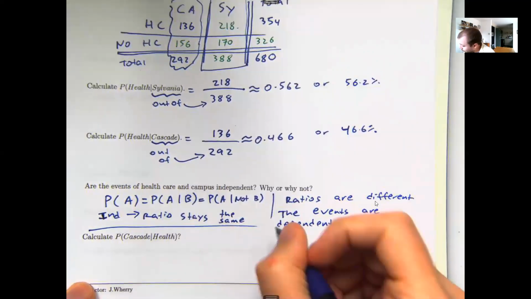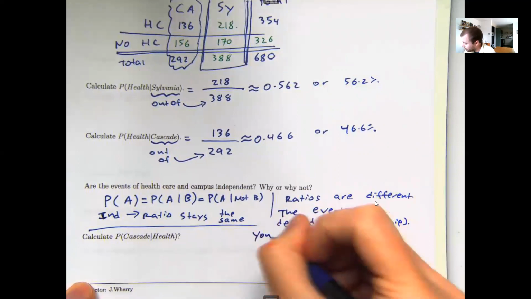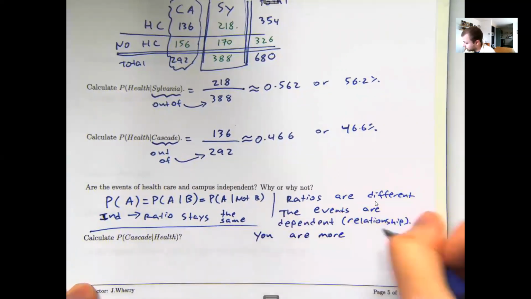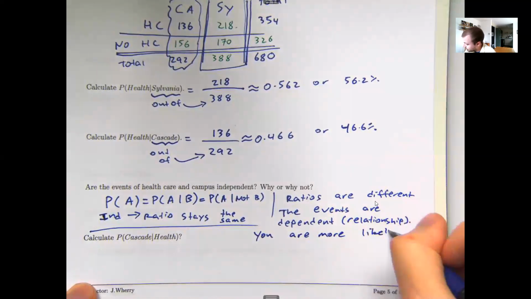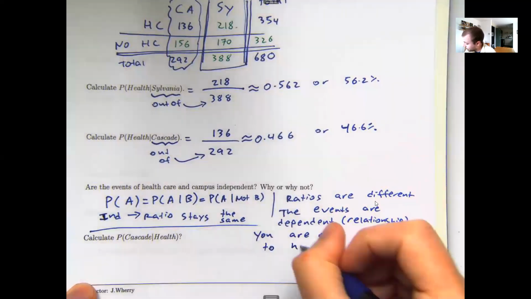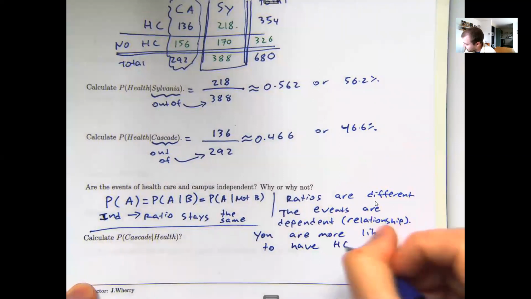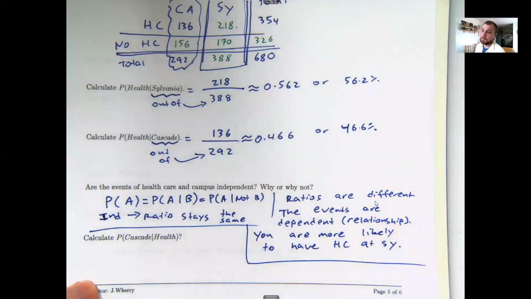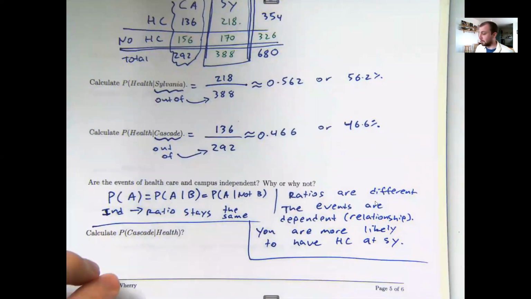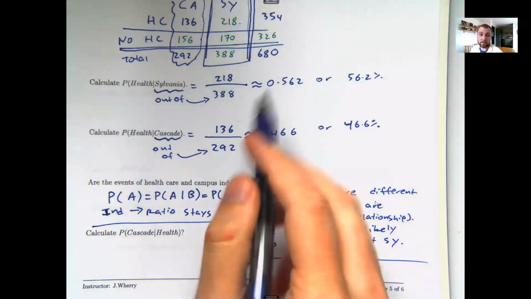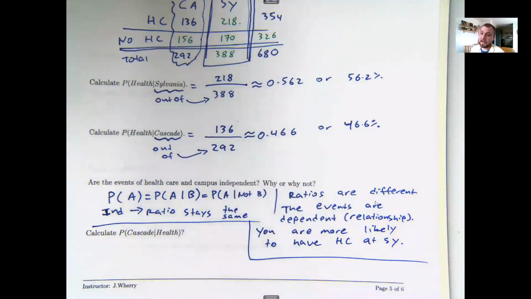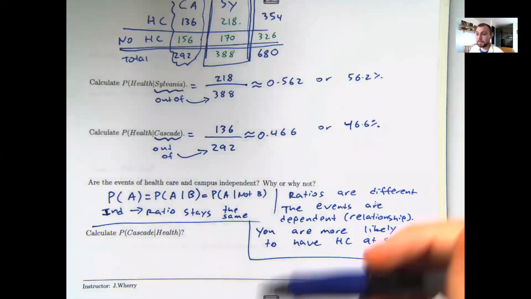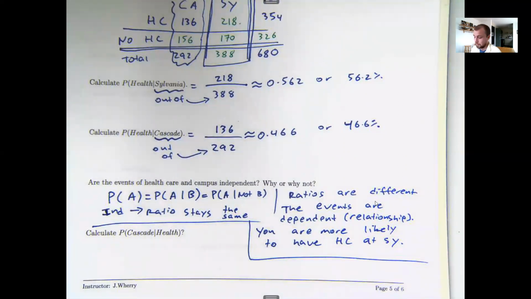So you are more likely to have healthcare at Slovenia. And really that second part is the crux of doing a project at all. By doing this research, we were able to figure out that different campuses had different access to services. So this could show some sort of an inequity that exists within our student population.